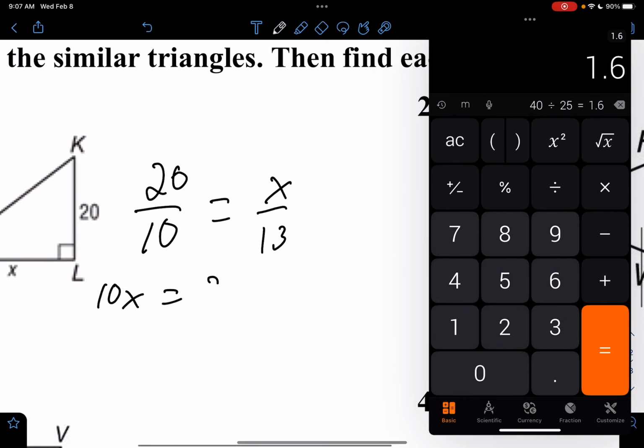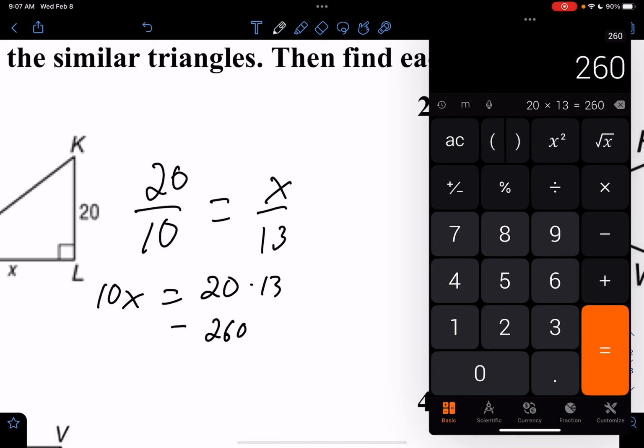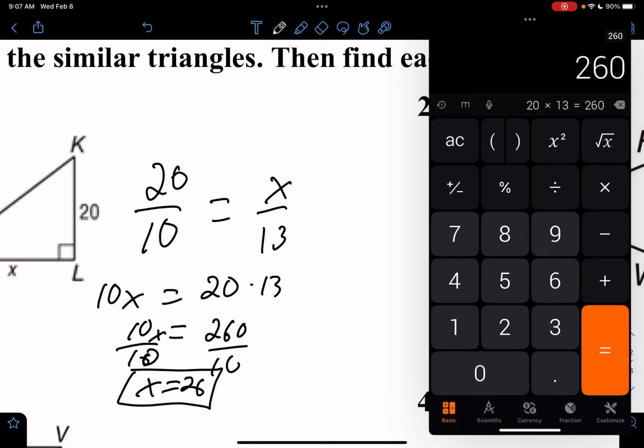And then I will say 20 times 13. 20 times 13 is 260, equals 10x, divided by 10, divided by 10, x equals 26.